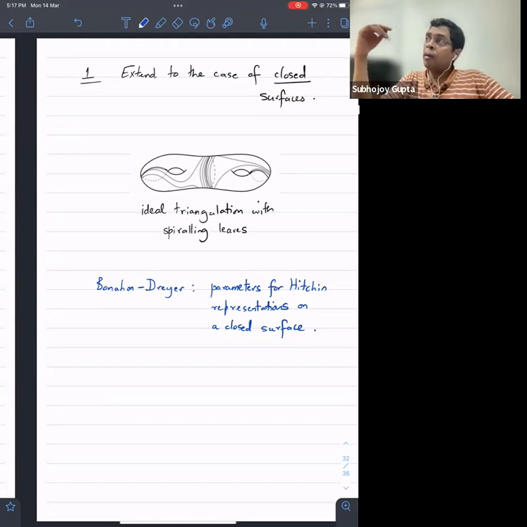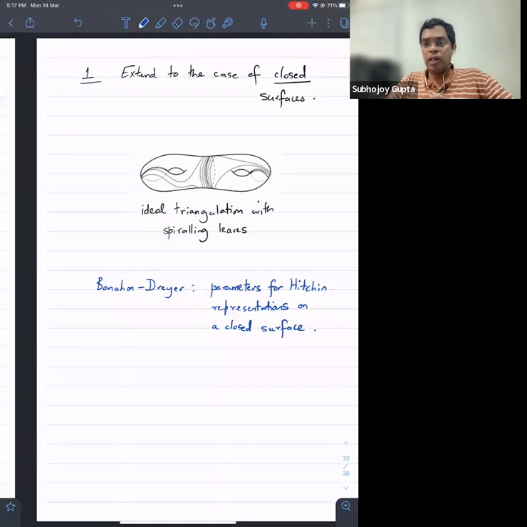Tengren has a paper which involves those to prove his result on increasing lengths of curves. He showed that the entropy of Hitchin representations might go to 0. That was his thing.